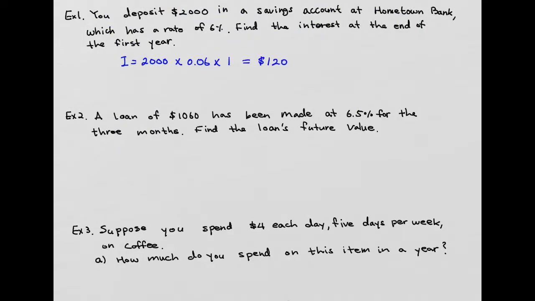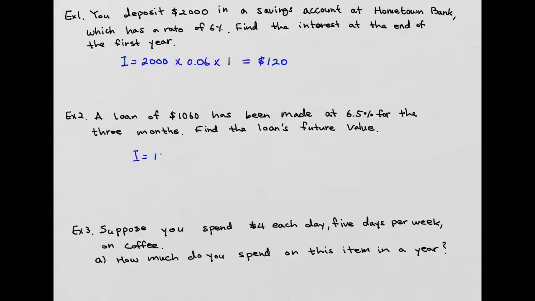So the next problem, we have a loan of 1,060 that has been made at 6.5% for 3 months. Find the loan's future value. So when it's a future value, you want to find out the total amount, right? So first, let's find what interest is going to be.